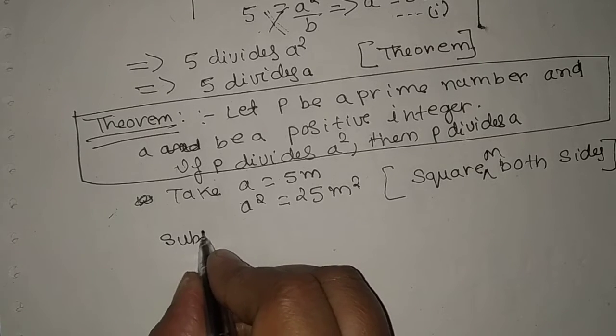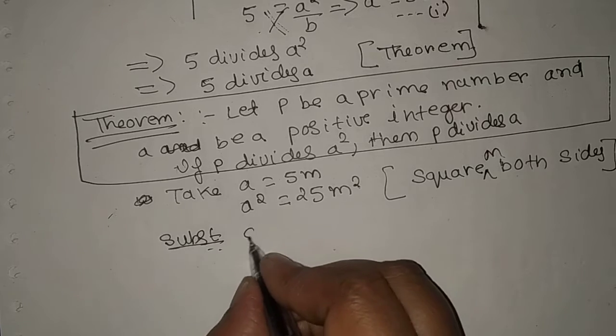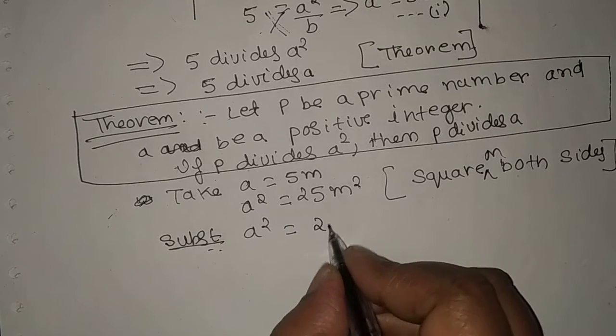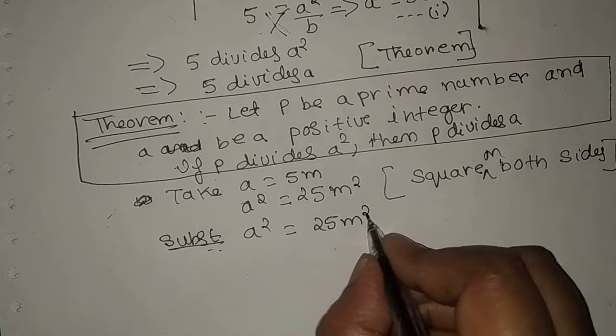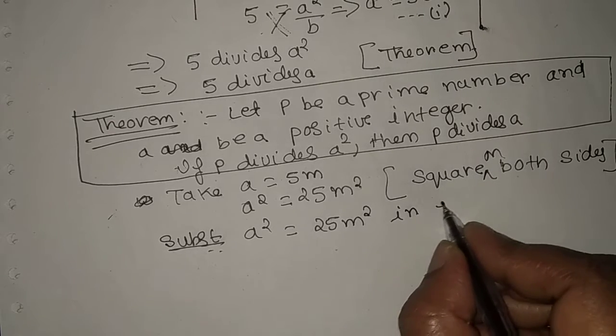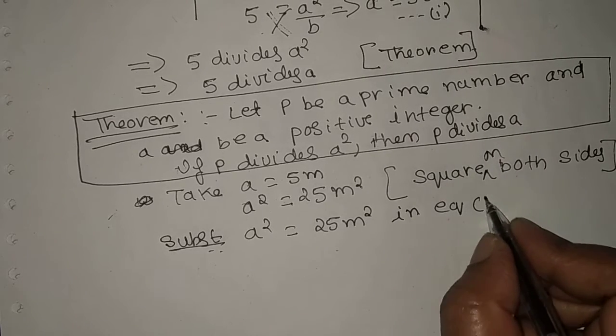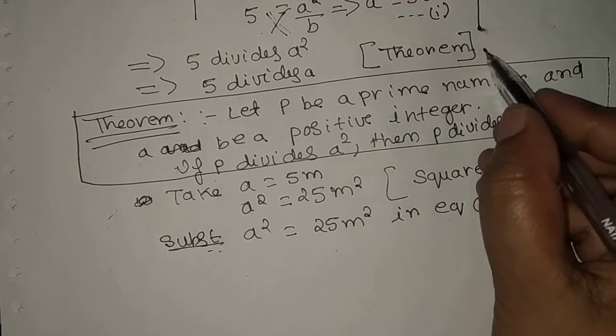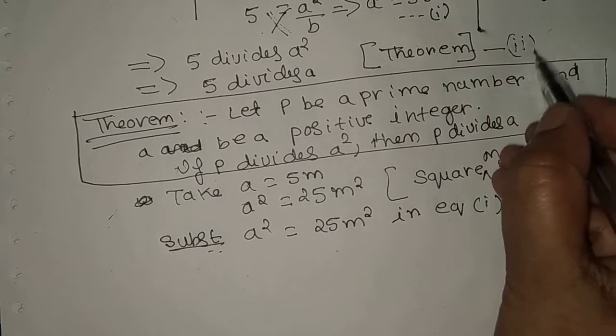So substitute a square is equal to 25m square in equation 1. This we will take as equation 2.